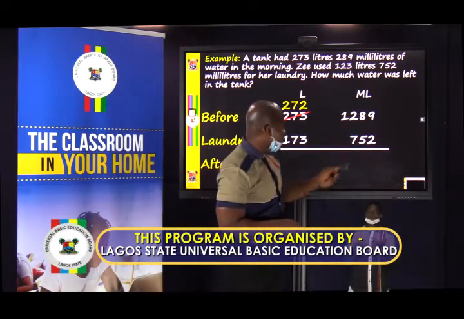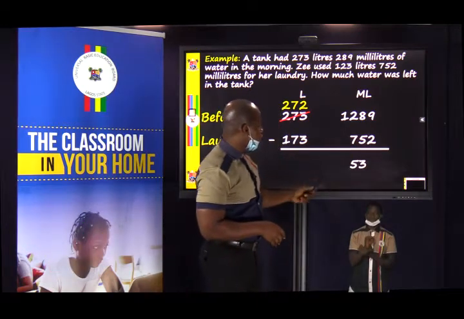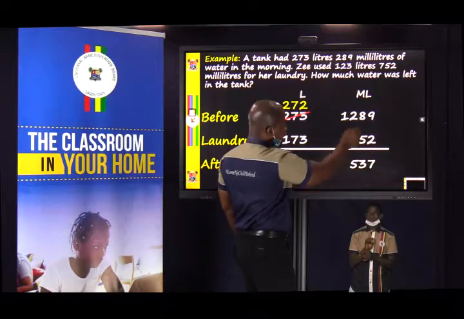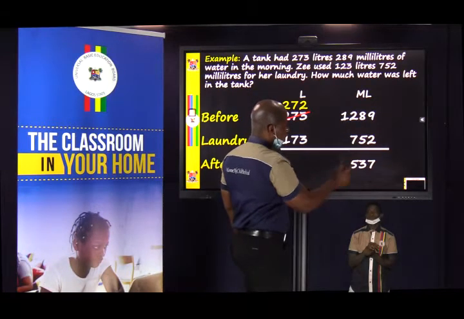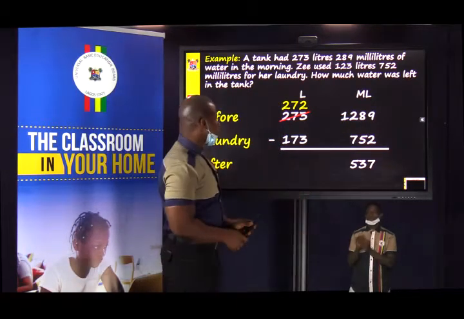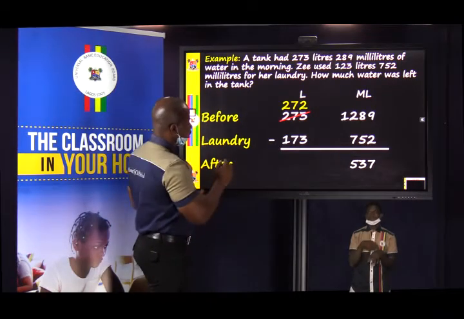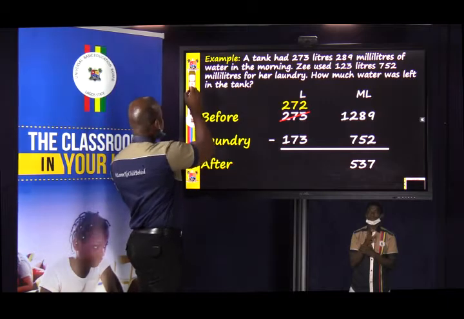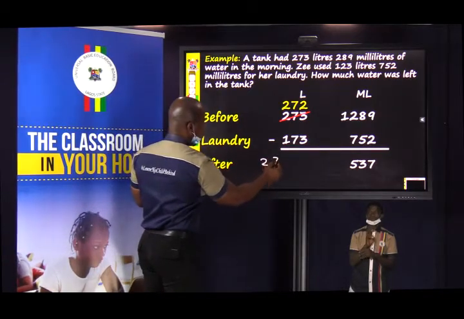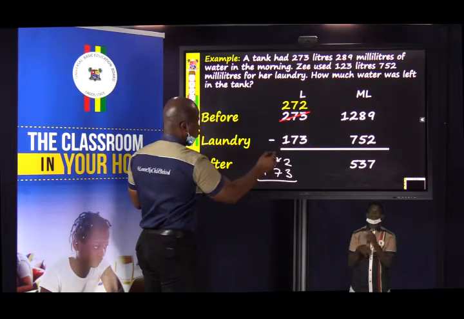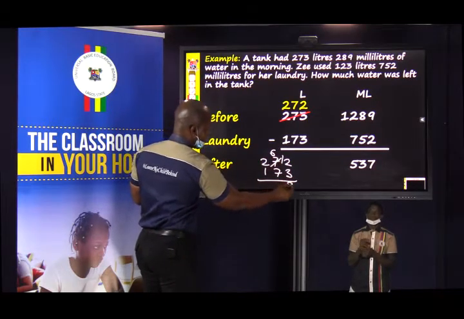Now we can subtract. 9 minus 2 is 7, 8 minus 5 is 3, 12 minus 7 is 5. We should get 537. Now we're done with that point that we have to subtract here. Now by the time we subtract 123 from 272, borrow 1 from here, I have 6. 12 minus 3 is 9.